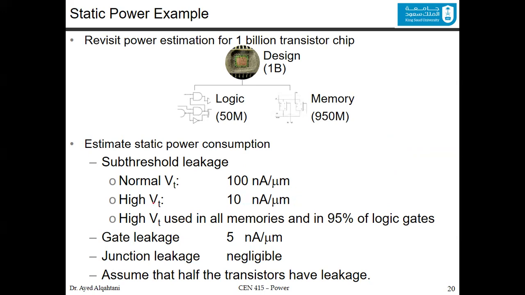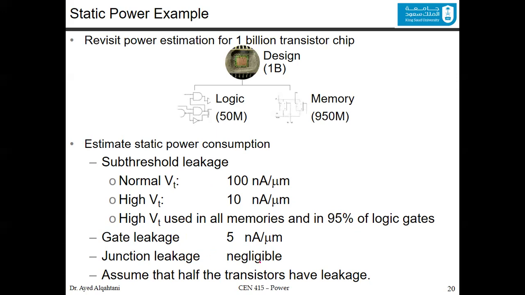Also, the high V threshold is not used all the time. It's used in all the memories and 95% of the logic. So basically, most of it, except a little bit, which is only 5% of the logic gates, where you use normal V threshold. Now for the gate leakage, it's 5 nanoampere per micrometer across the board.